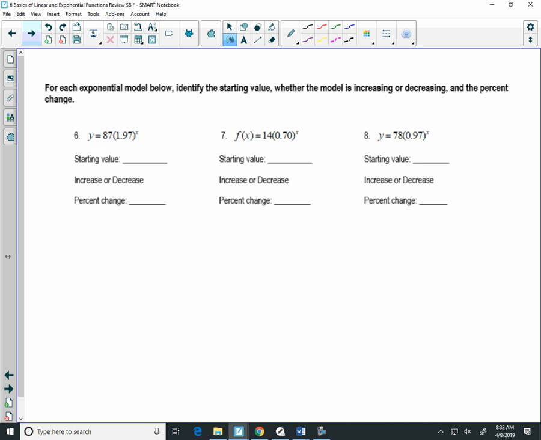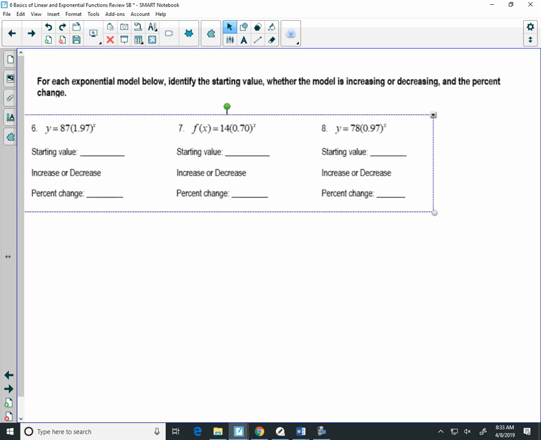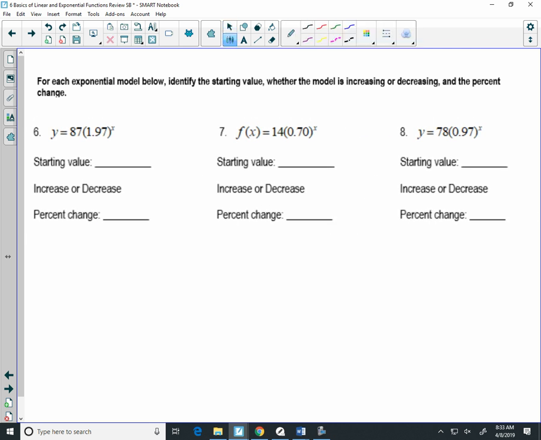Exponential model, so we're doing percent change here. Remember, percent change is how far we are from 100%. And once we're looking at an equation, our equation is in decimal form. So our starting amount is going to be our number in front.